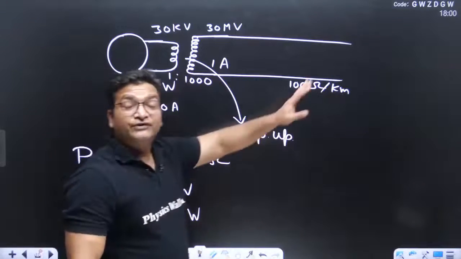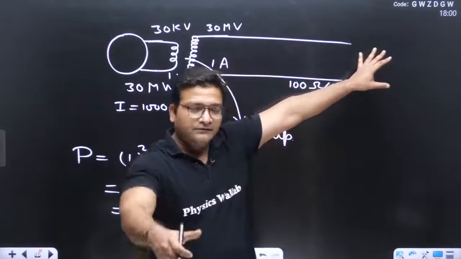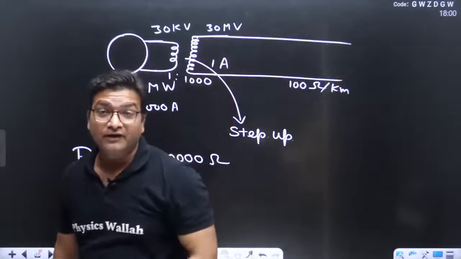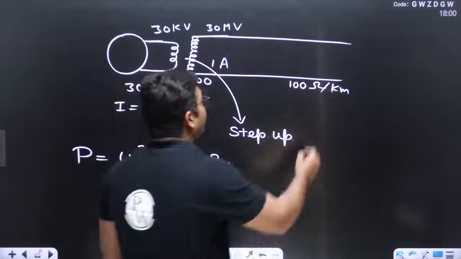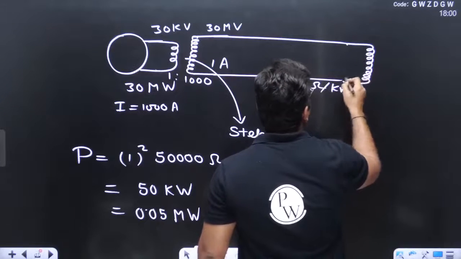But at the user side, at this end, where we need smaller voltages, we can reverse the process and can use a step down transformer.